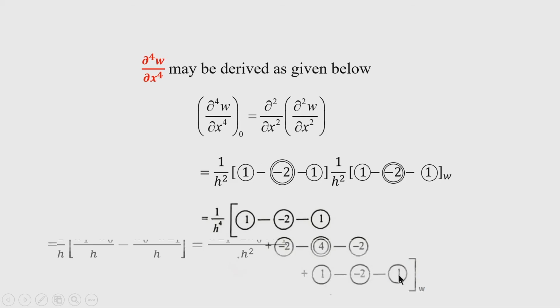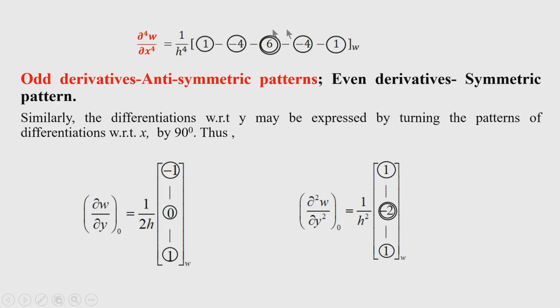You can see here that the fourth derivative in the molecular form is written with the central value 6, the coefficient of deflection at the nodal point, the node centering which you will write the finite difference equation.